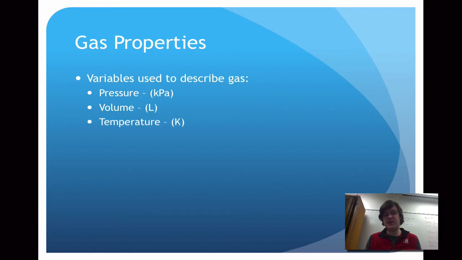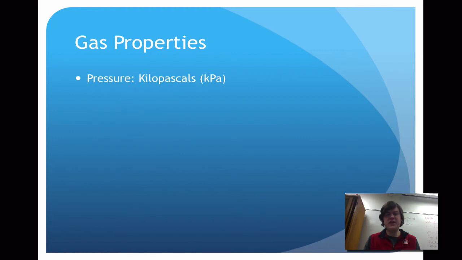Temperature is measured in Kelvin, and then amount of gas is represented by N, and that can mean number of moles. It can also mean number of molecules, but when we're actually going through the mathematical calculations, we will be talking about moles. So we're going to discuss pressure first.